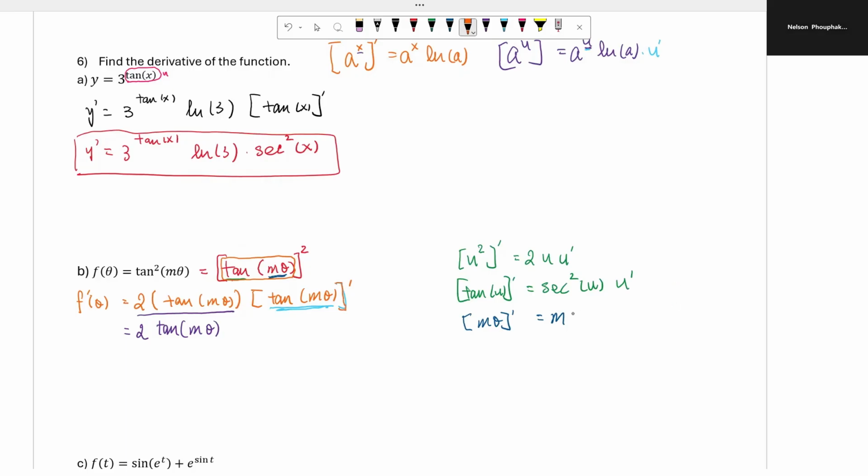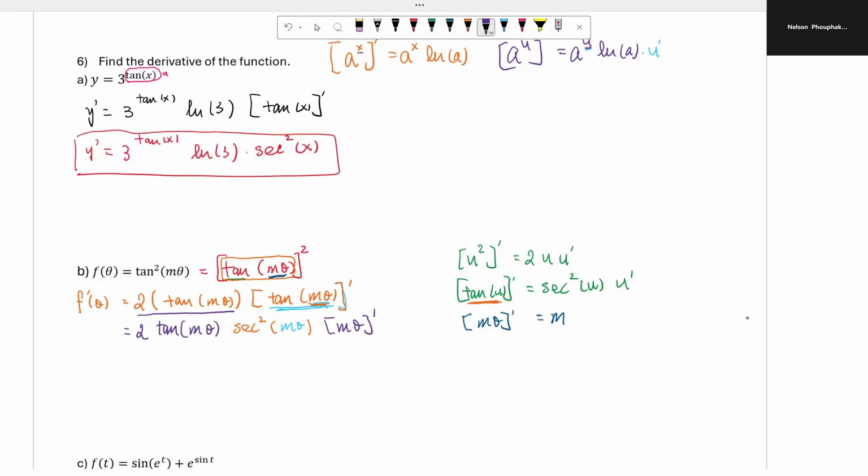You will see that for this one we could use the tangent of u rule to help us. So then it will be secant square u, where u is my inner function. And then I also need to take the derivative of the inner function, so I will take the derivative of m theta.